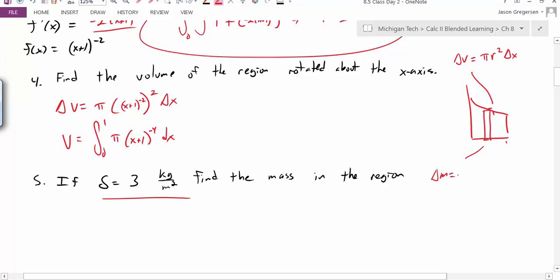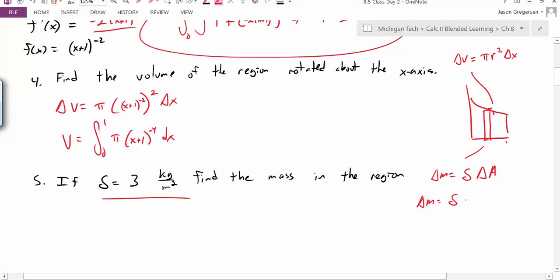Well, if I want to find the mass, which is maybe kilograms in this case, I need to take my density and multiply it by something in meters squared. I need to multiply it by some piece of area. So really, this mass problem is just an area problem.